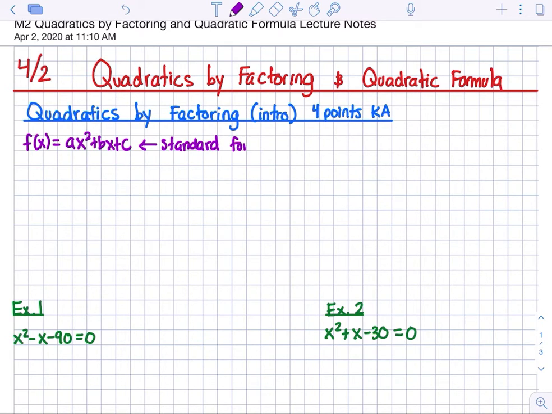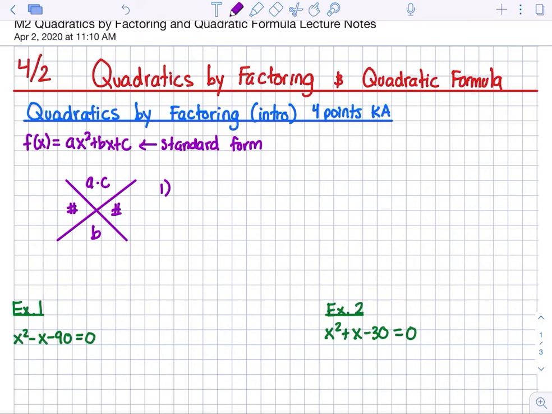And when you factor, remember you have to do your x method, where the top is a times c and your bottom is your b value, and you have two numbers here, right?